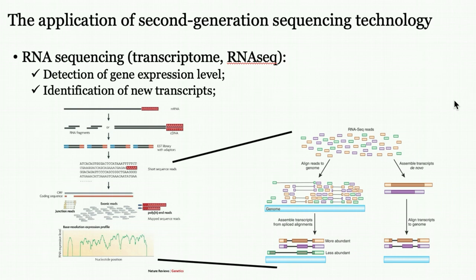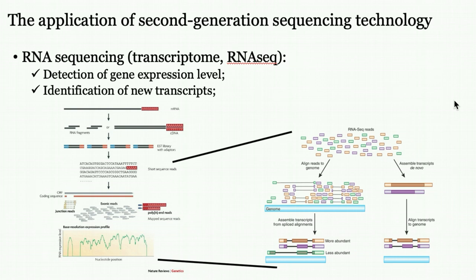A lot of sequencing reads come from this region. For places that are not expressed or lowly expressed, the sequencing depth will be lower. So based on that difference in sequencing depth, you can measure the expression level of each gene. That's one major application of RNA-seq. The other application is that you can identify transcripts that were previously unknown.